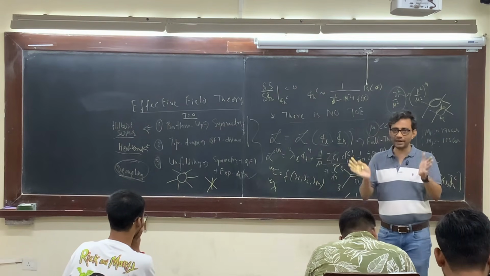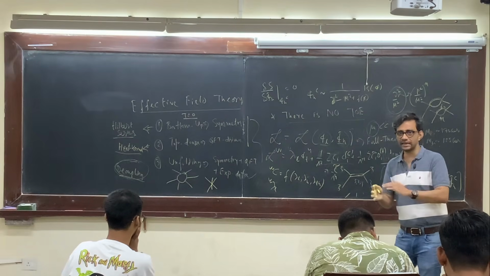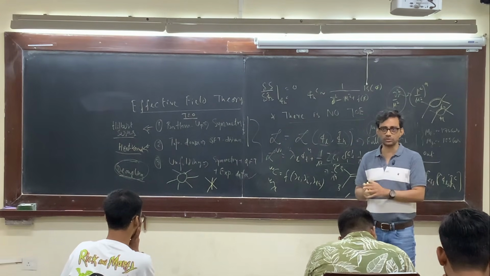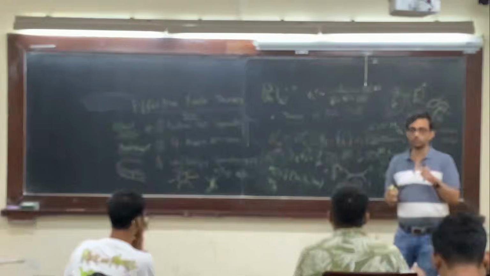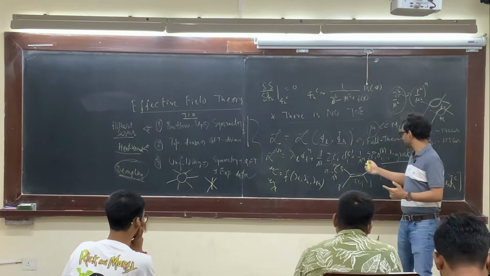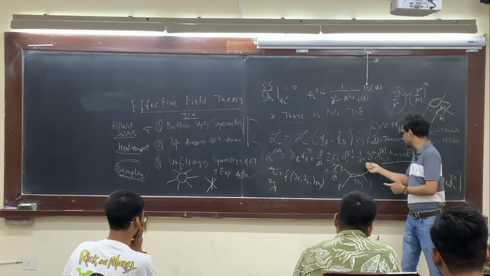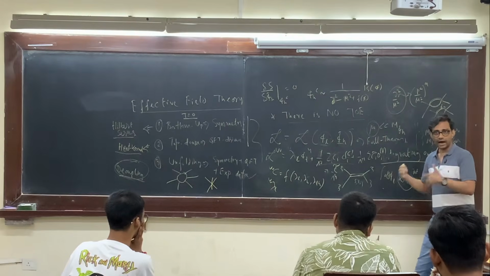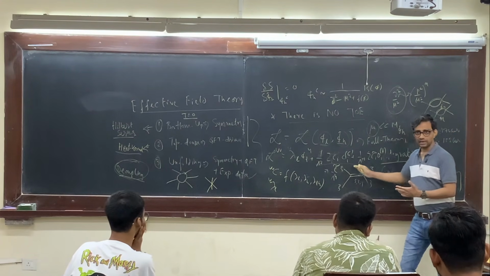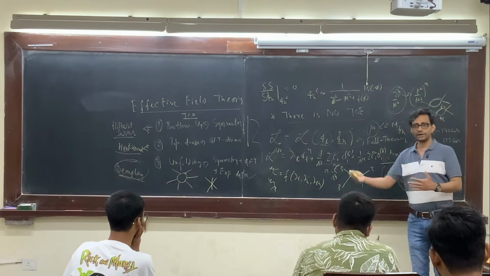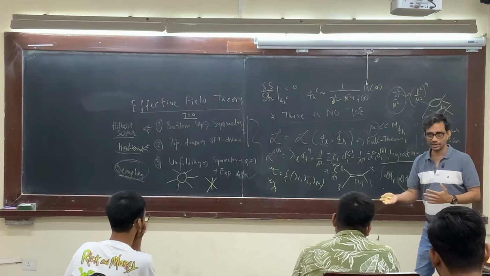Whatever goes as 1 by lambda square is important to me; anything, whether finite or divergent, beyond 1 by lambda square I am not worried about. If I have to worry about a divergent term associated with a higher-dimension operator, I have to add that operator in my bare Lagrangian. So if I extend my bare Lagrangian beyond dimension 6 and add the dimension 8 operators, I will have counter terms for all of them. But when you add them, you generate divergences of the order of dimension 10 operators.